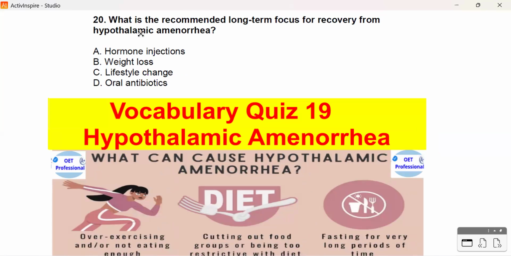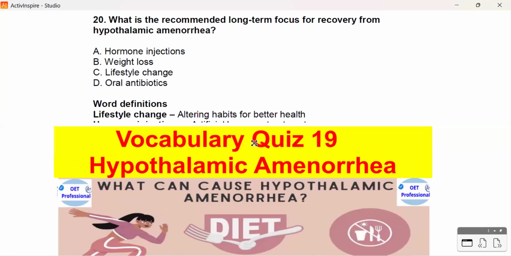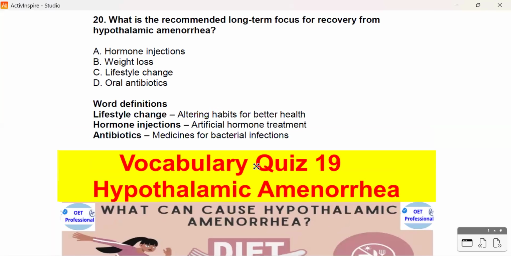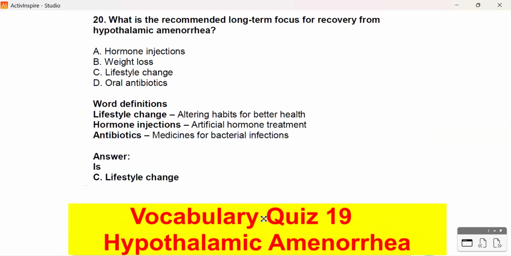Finally, what is the recommended long-term focus for recovery from hypothalamic amenorrhea? Hormone injections, weight loss, lifestyle change, or oral antibiotics? The correct answer is lifestyle change.